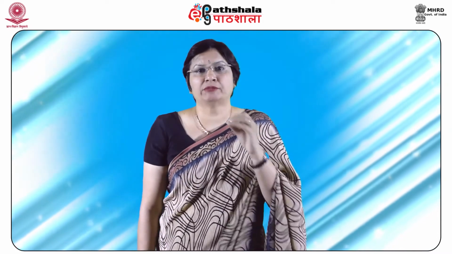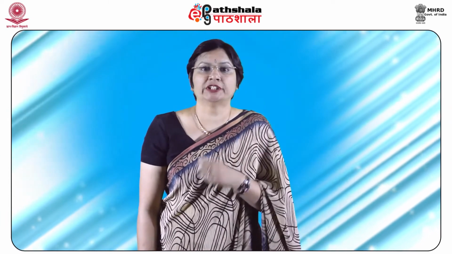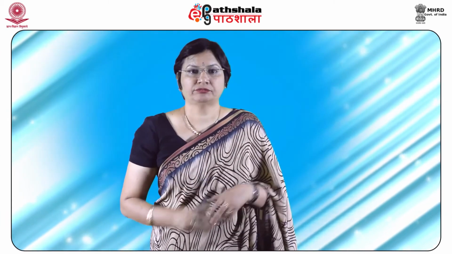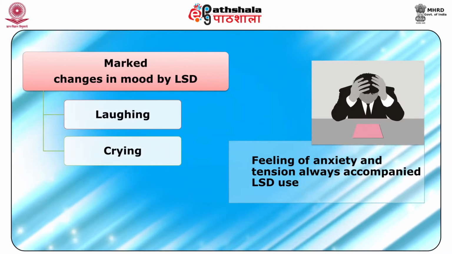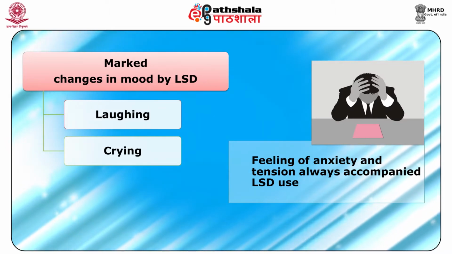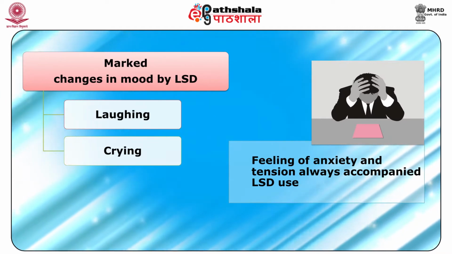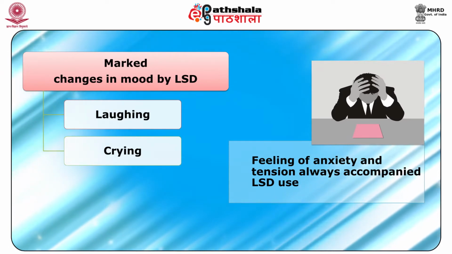Only 25 micrograms is sufficient to start vivid hallucinations that may last for about 12 hours. This drug produces marked change in mood, leading to laughing and crying at the least aggravation. And feelings of anxiety and tension always accompany LSD use.